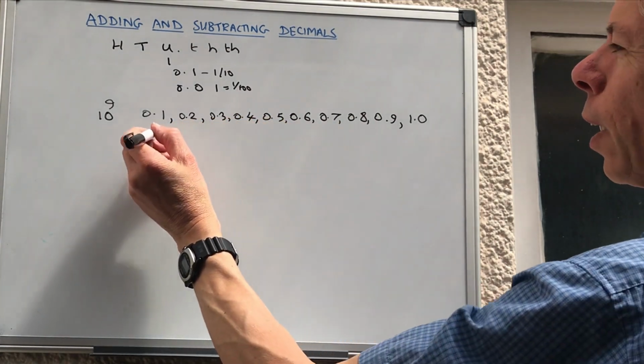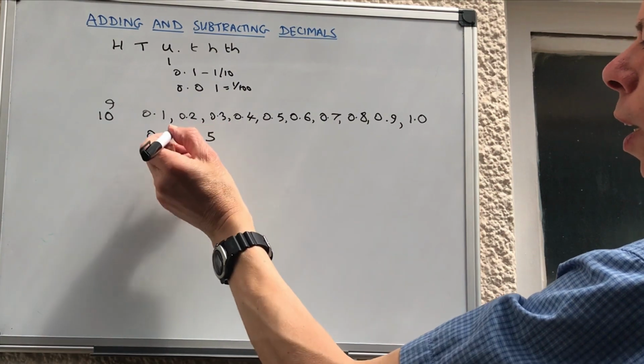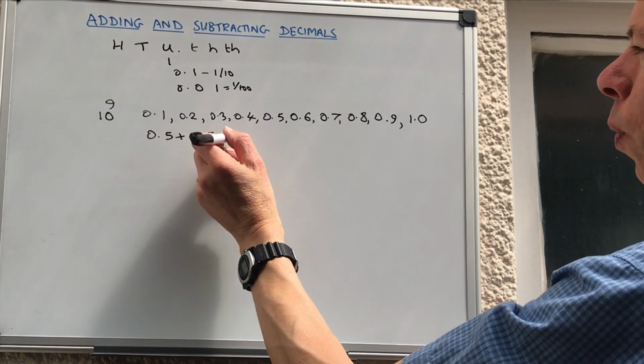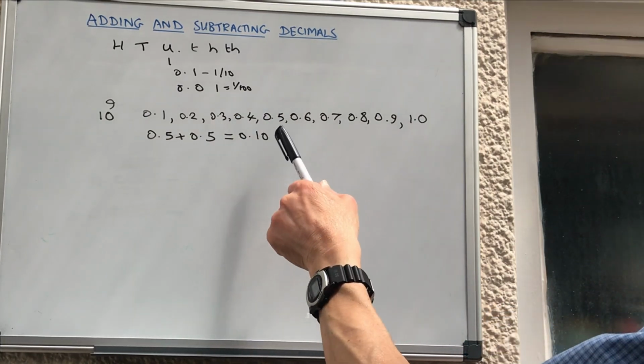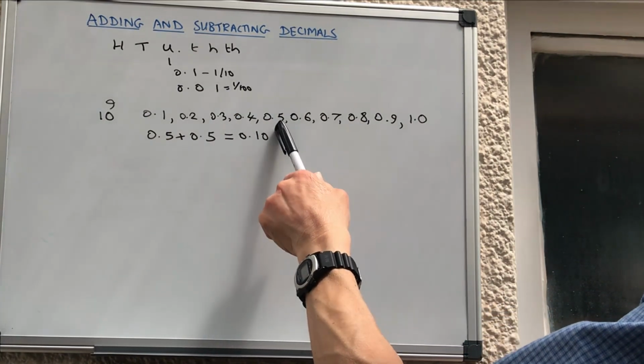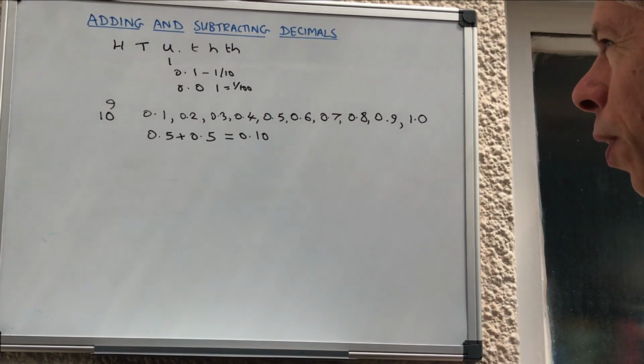So if you're adding 0.5 plus 0.5, it's 10/10, which is a whole. So some people say, oh, that is 0.10. But obviously that's not true, because 0.5 plus 0.5 can't be smaller.